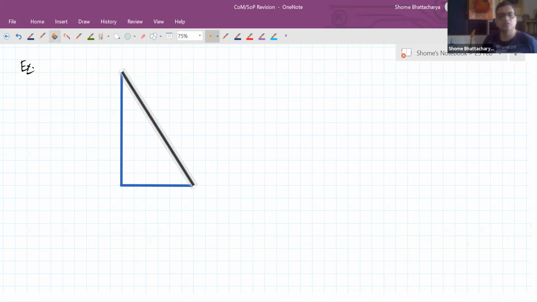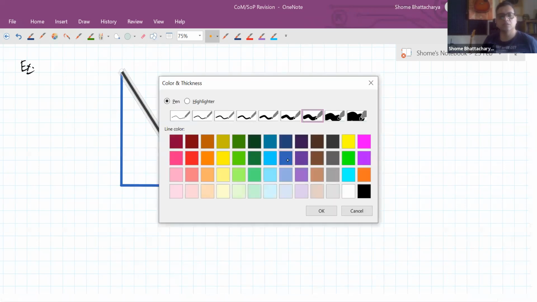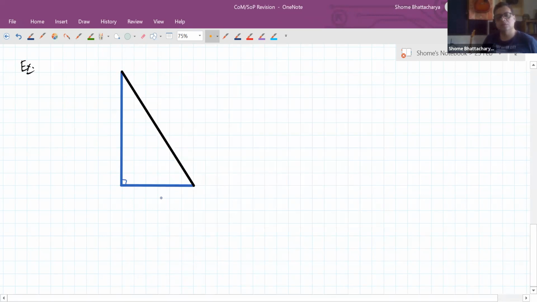So a triangular frame kind of thing which is made of different materials. Let's say that this is a length of 30 centimeters. This is a length of 40 centimeters.